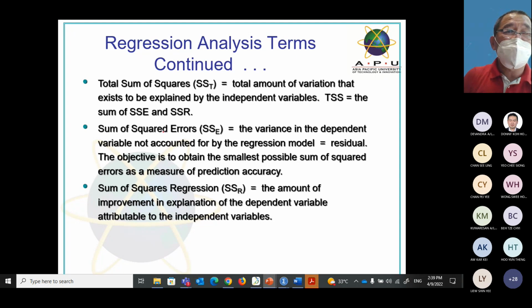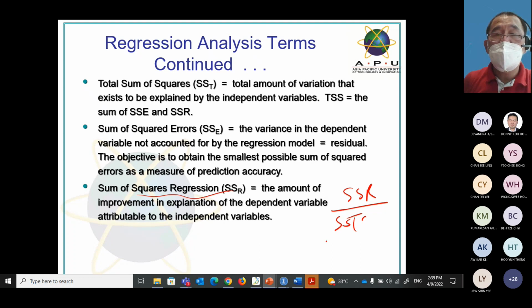Basically, sum of squares regression, SSR, divided by SST gives R squared.